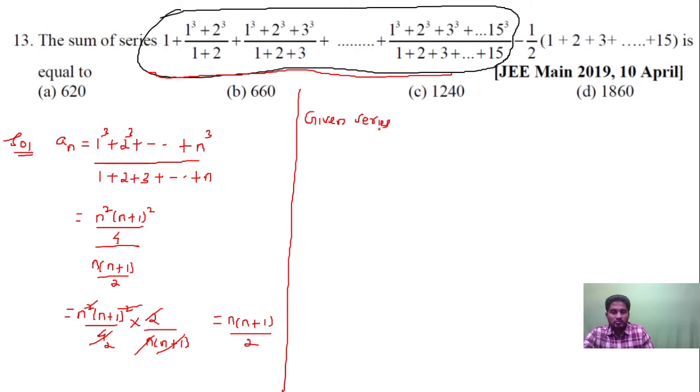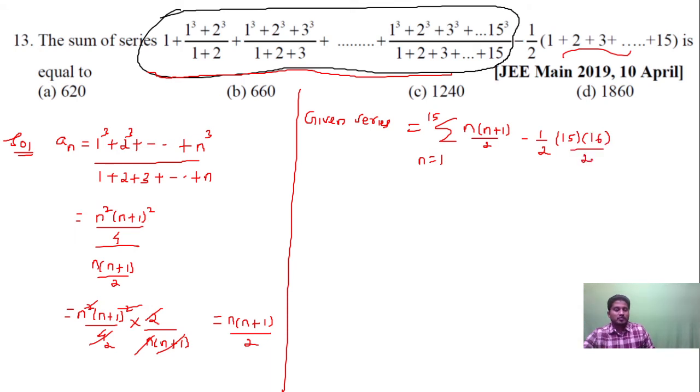The given series is equal to summation of n into n plus 1 upon 2, n equal to 1 to 15, because it's the sum of the first 15 terms, minus 1 upon 2, 1 to 15 will be equal to 15 into 15 plus 1, that is 16, divided by 2.